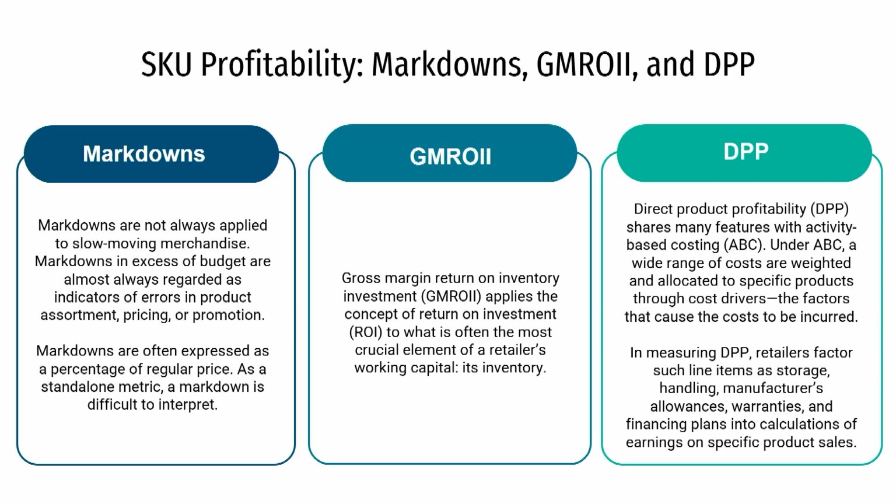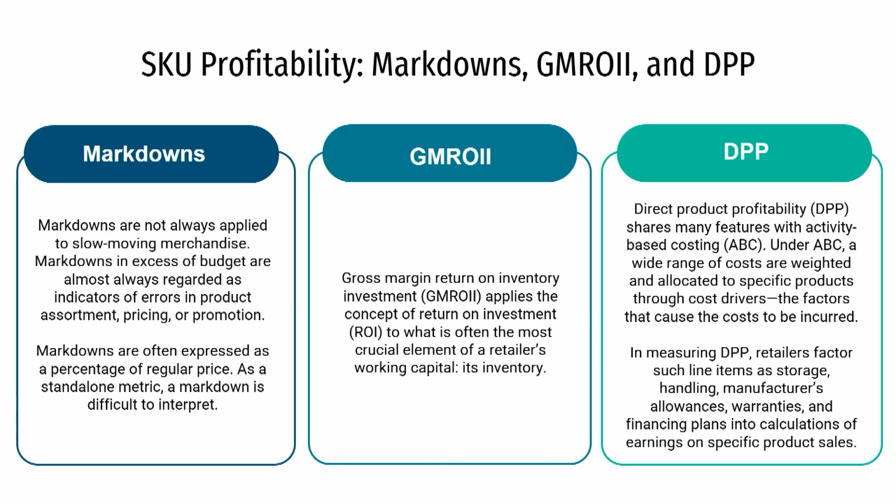GMROII, gross margin return on inventory investment, applies the concept of return on investment only to what is often the most crucial element of the retailer's working capital, and that is the inventory. Many retailers struggle because of the cost associated with the inventory.